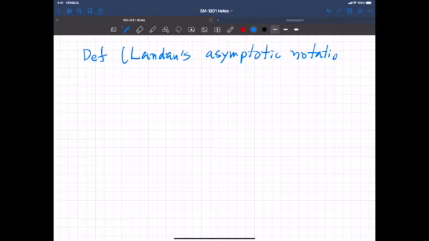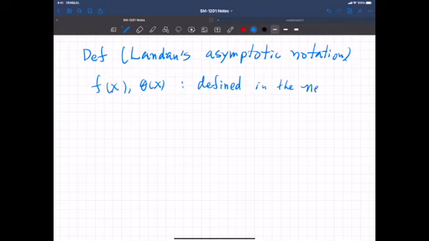Let's say we have f of x and g of x defined in the neighborhood of x equal to a. This means it's defined on some interval which includes this point.